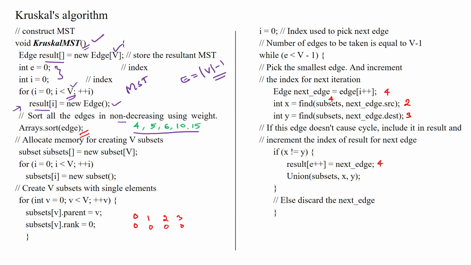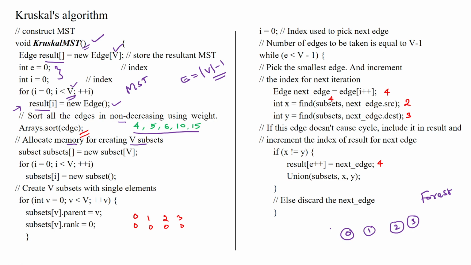Then we allocate the memory space for v number of subsets. Suppose I have vertex 0, 1, 2, 3. All the vertices will be treated as a single tree in the forest, as per Kruskal's algorithm.